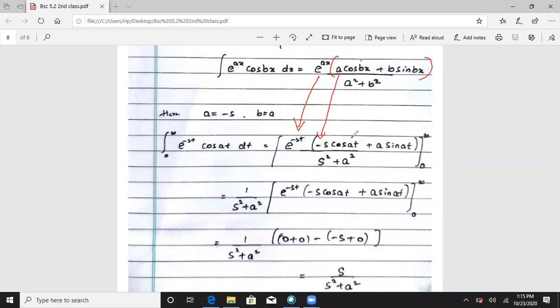So b is a: it is cos at plus, b is a, the remaining sin at, divided by a square plus b square. So a square plus b square means the a value is minus s, and minus s whole square is s square only. That's why we write here s square plus a square. And the limits are 0 to infinity.